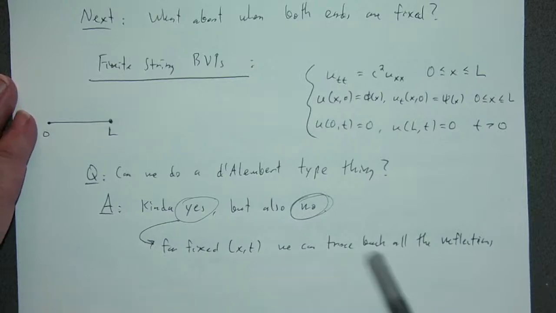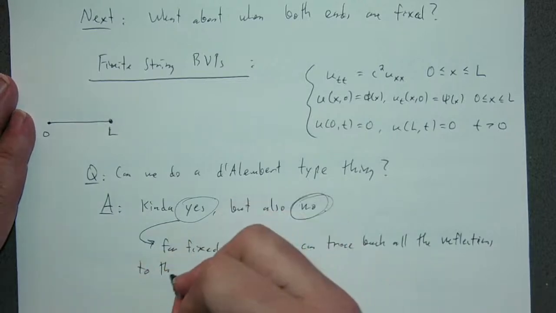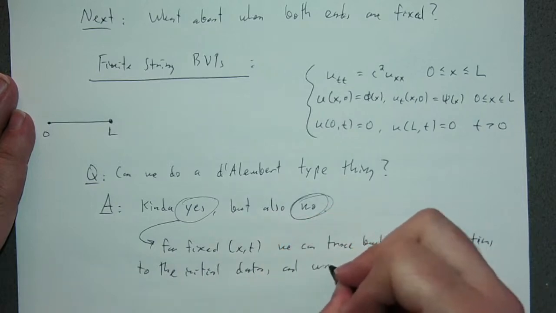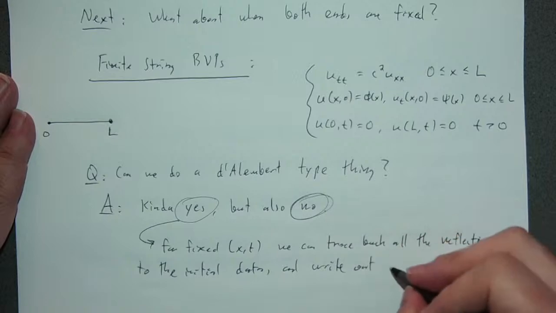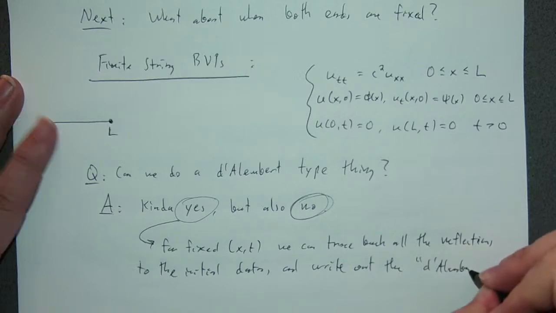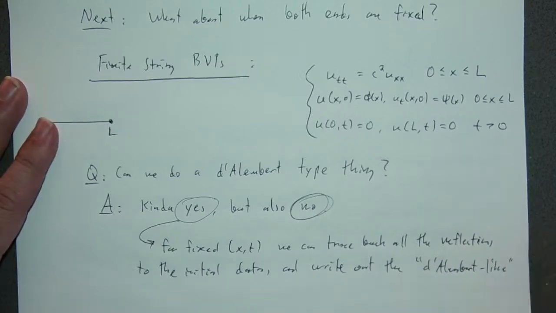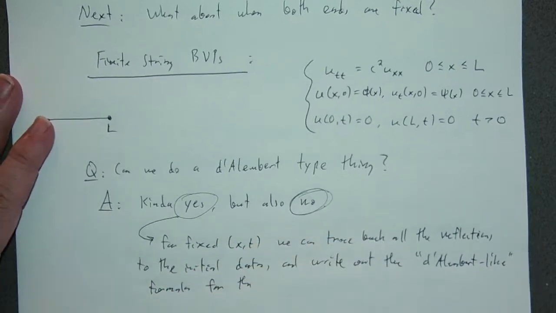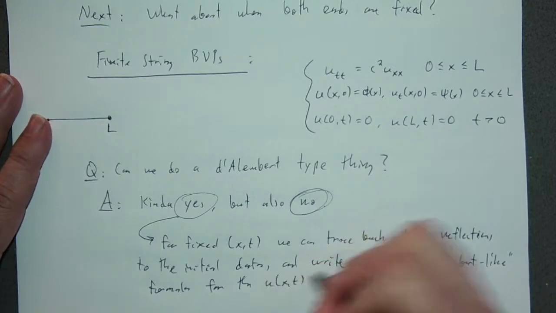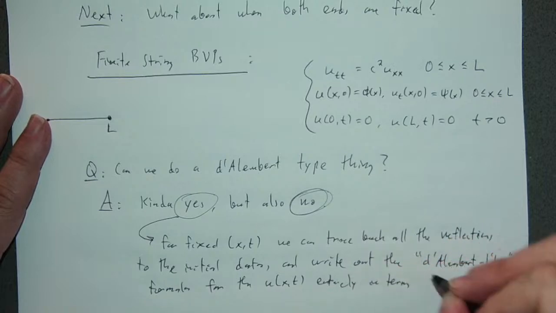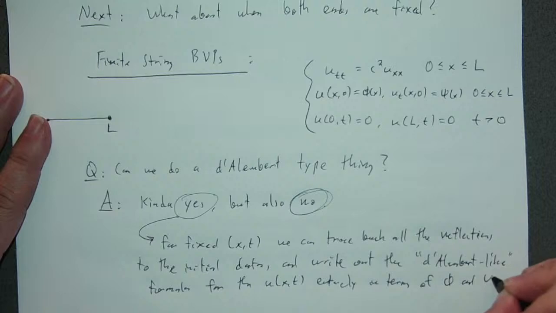So for a fixed x, t, we can trace back all the reflections to the initial data and write out the D'Alembert-like formula for the displacement u of x, t entirely in terms of phi and c.